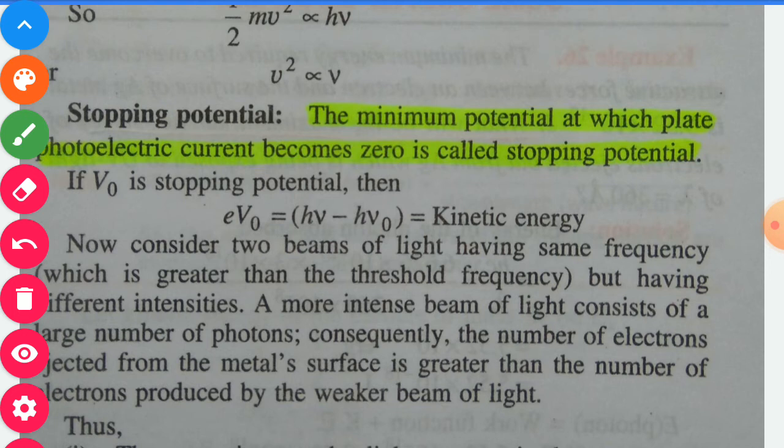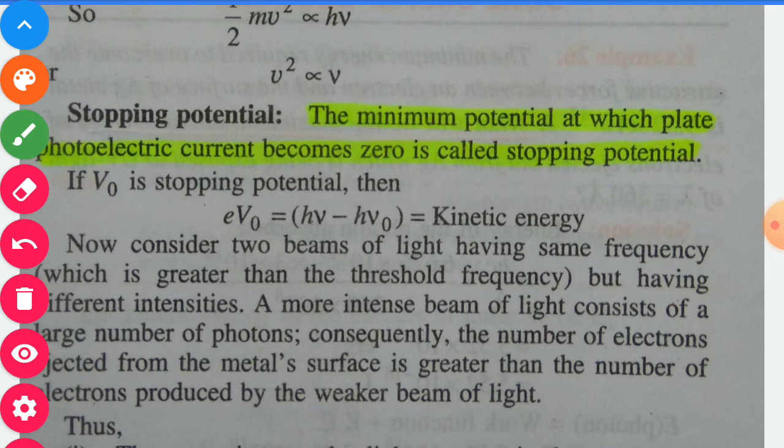Now the next point is stopping potential. Stopping potential can be defined as the minimum potential at which the photoelectric current becomes zero. Means in the case of the photoelectric effect, if the photoelectric current becomes zero, at that time the applied minimum potential is known as stopping potential.